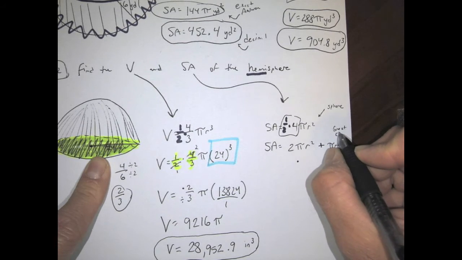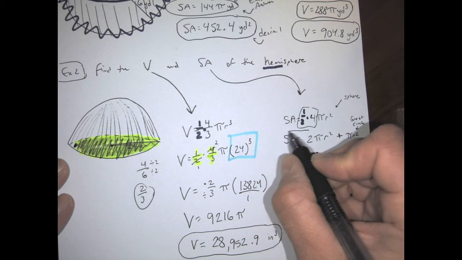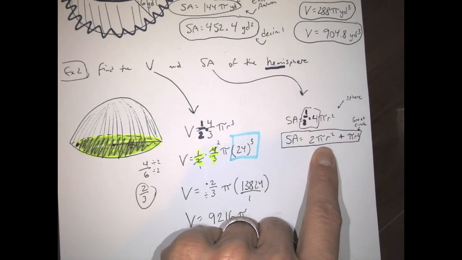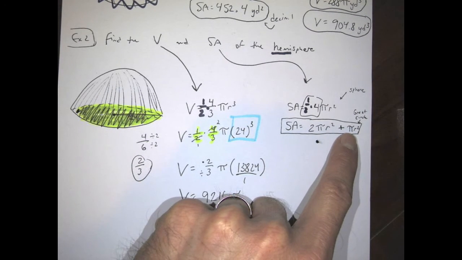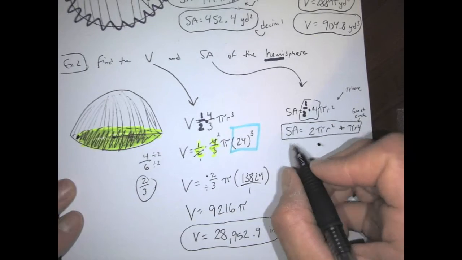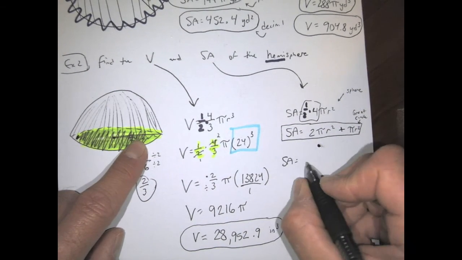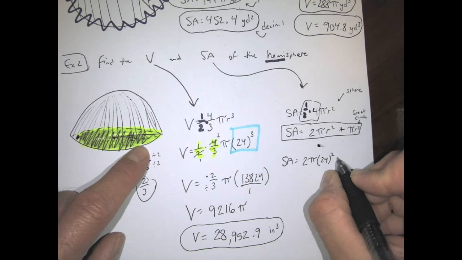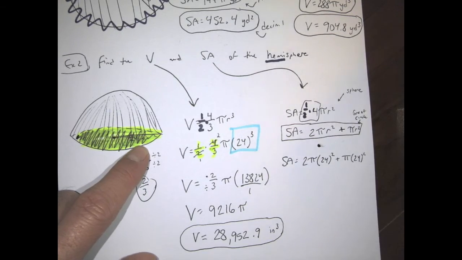That's the great circle. So this is the surface area equation of a hemisphere. It's going to be half the equation of the sphere, but you also have to consider the great circle. So let's plug the 24 in for the radius of both of these, and we'll get our surface area equation. 2 pi radius 24 squared plus pi 24 squared.